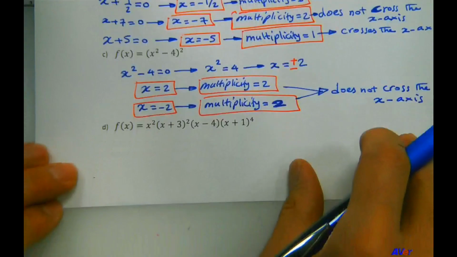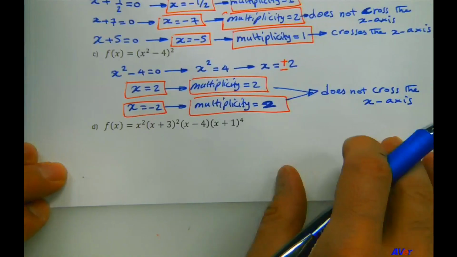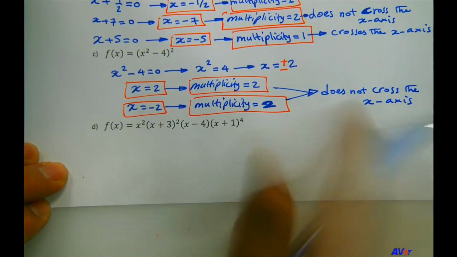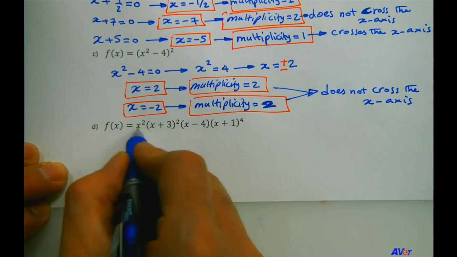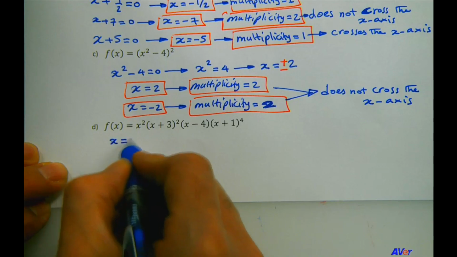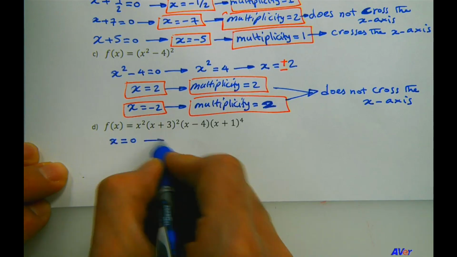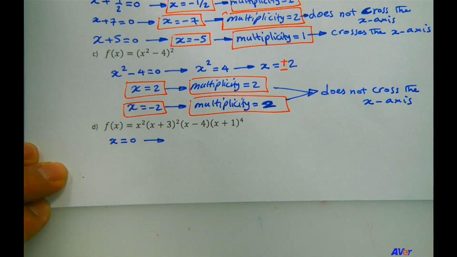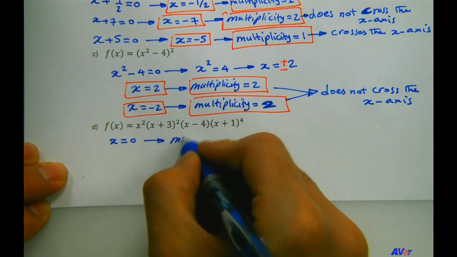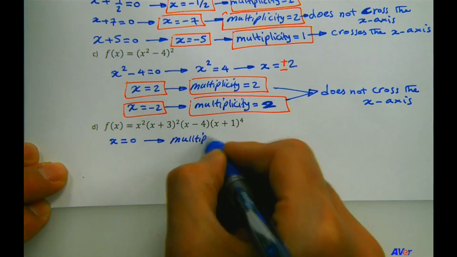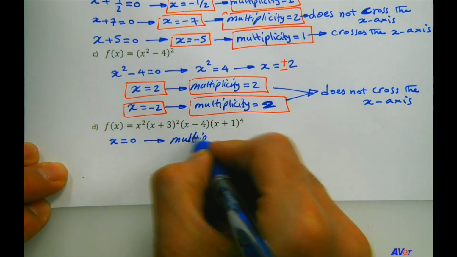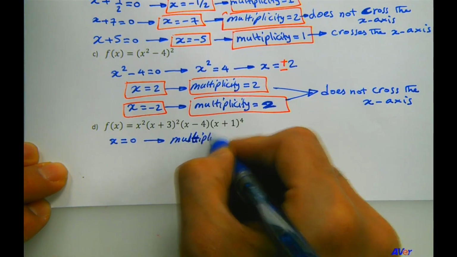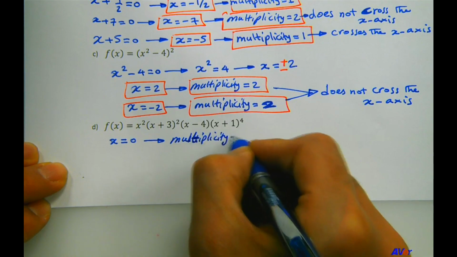Okay, so here, one of the zeros of this polynomial is x equals 0, right? x equals 0. And that one has multiplicity equal to 2.